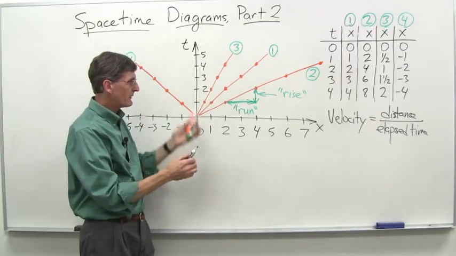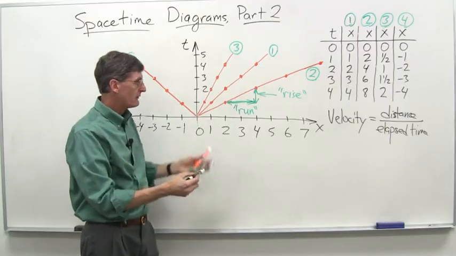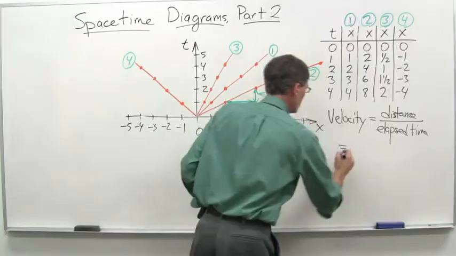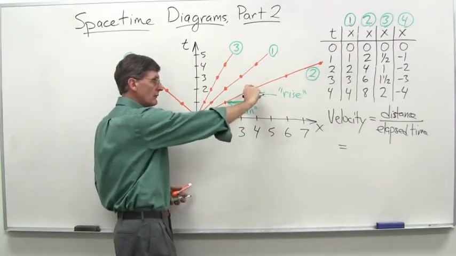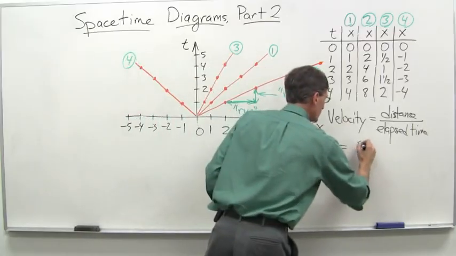So we can say that on our space-time diagram, velocity equals, remember, velocity is distance divided by time, velocity is run divided by rise.